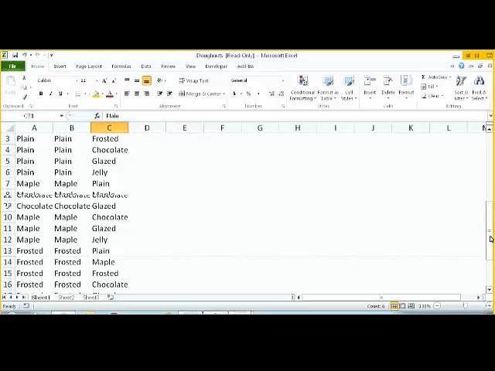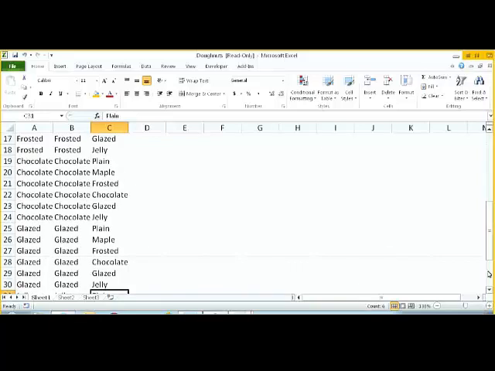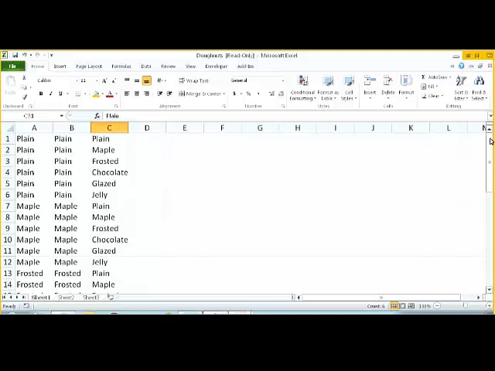So what they're actually saying is, if I read the problem correctly again, it allows the customers to select 3 donuts from among the following varieties.